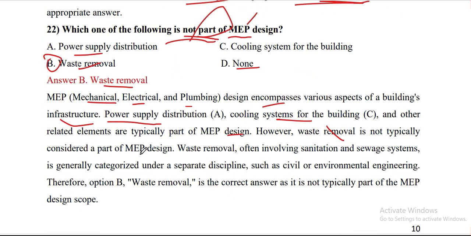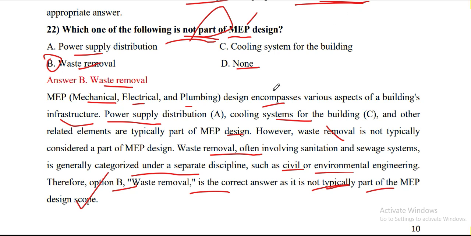Waste removal, involving sanitation and sewage systems, is generally categorized under separate disciplines such as civil or environmental engineering. Therefore, option B, waste removal, is the correct answer as it is not a typical part of mechanical, electrical, and plumbing design scopes.